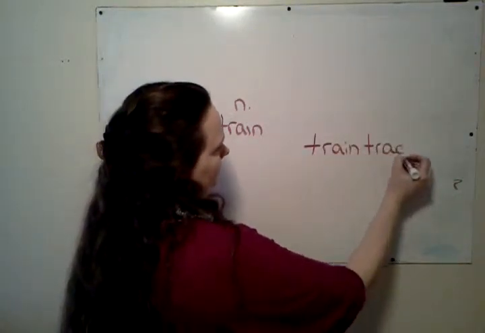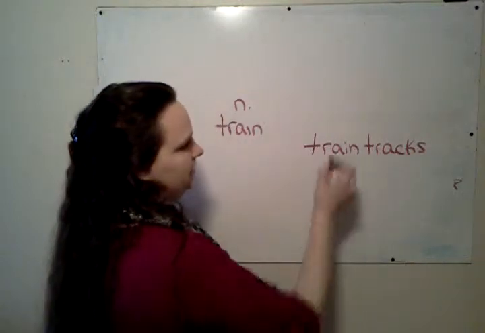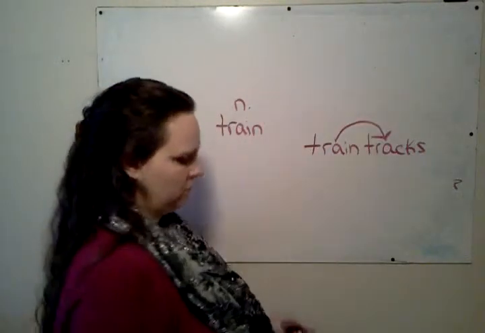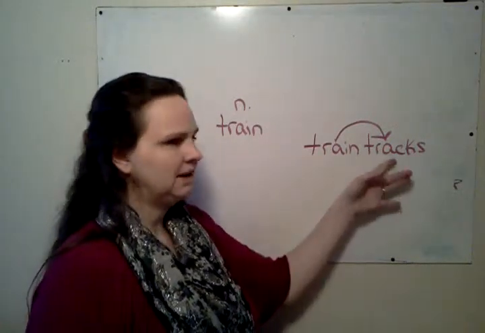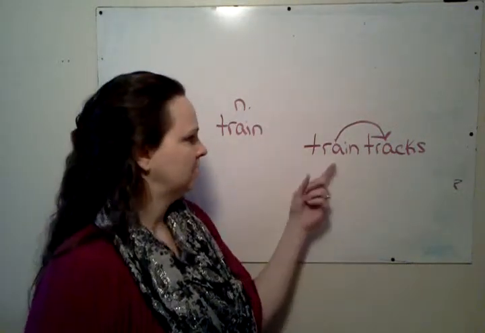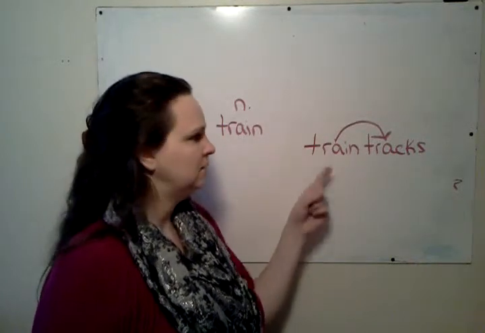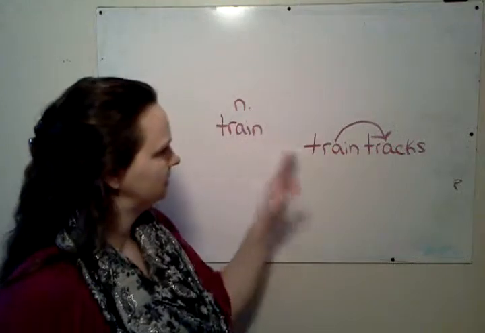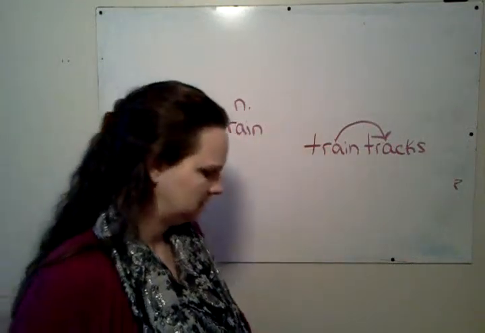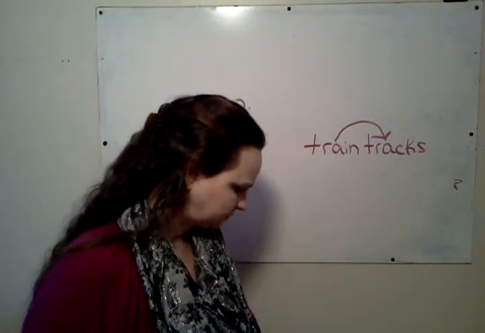Now, train is being an adjective because it's telling what kind of tracks. They are train tracks. This is the noun, the tracks. I'm not talking about the noun train. I'm using this word to tell you what kind of noun. So there's the difference. This is an adjective, this is a noun.